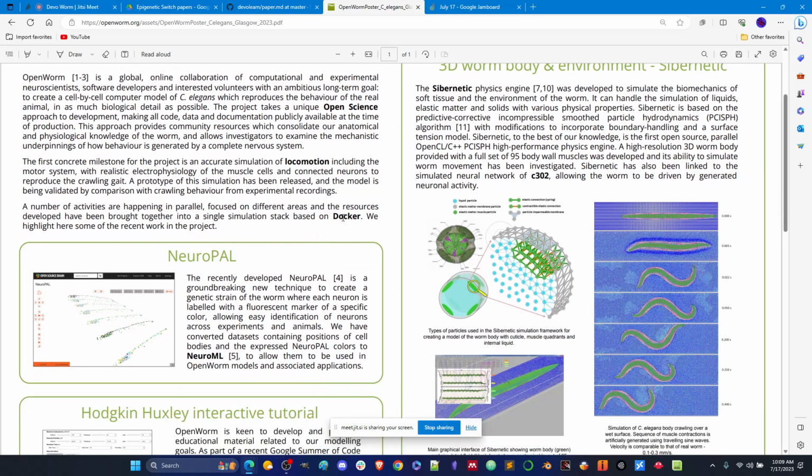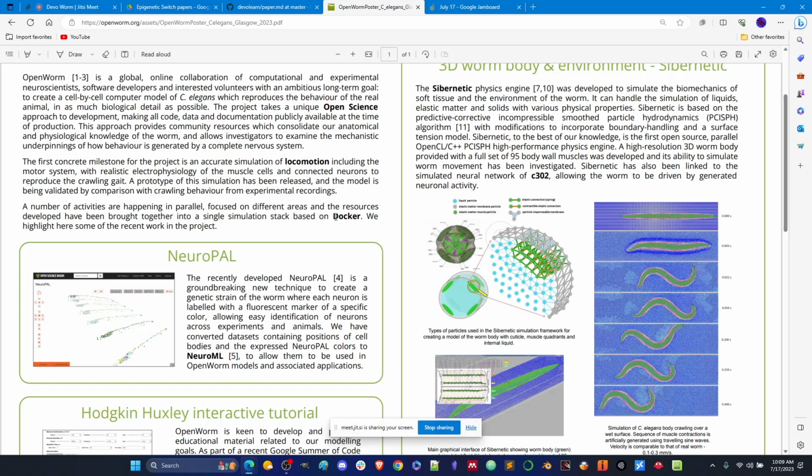Then one of the things that we've been working on for a while is this Docker package. Docker is a sort of virtual machine for your computer. You can set up this Docker container that we have where all of the simulations of OpenWorm are in there. You open it up, you run it, and it'll run through the simulations one at a time.